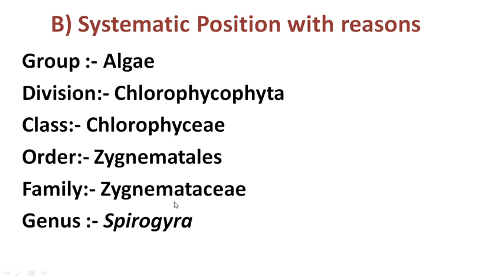This Zygnemataceae family also has some important characteristic features. The plant body is unbranched and filamentous. Cells are united end to end forming an unbranched filament. Cells have parietal or ribbon shaped, single or two axial chloroplasts.